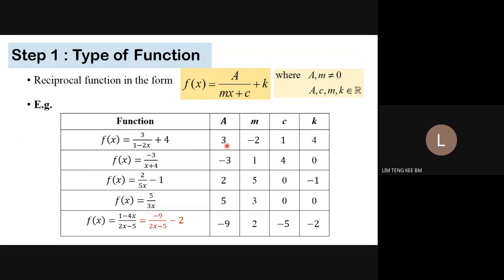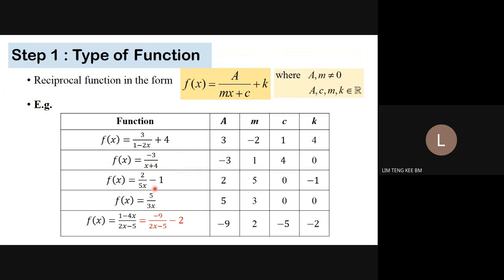We have A as positive 3, m as negative 2, c as 1, k as 4. Similarly, I have minus 3 over x plus 4. I can have A as minus 1, m as 1, c as 4, k equals 0, where I don't have any plus constant k there.